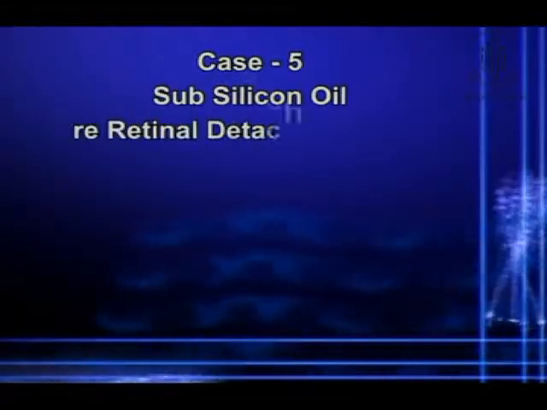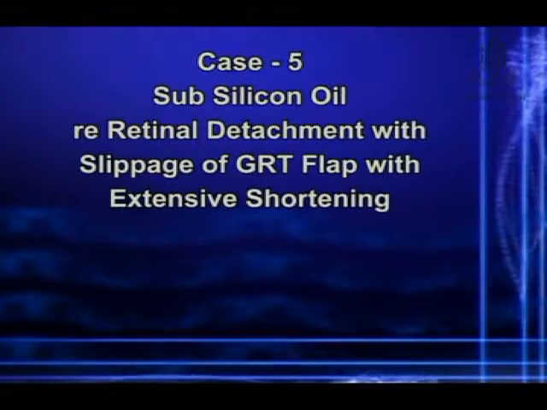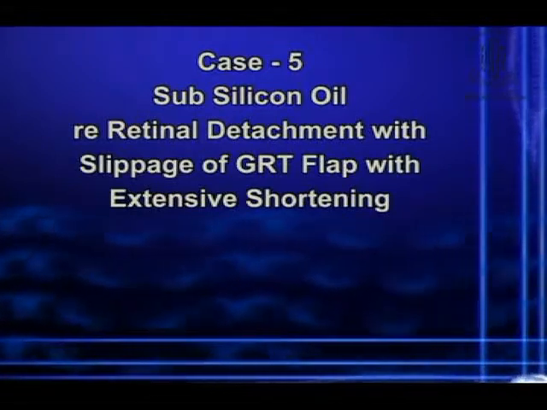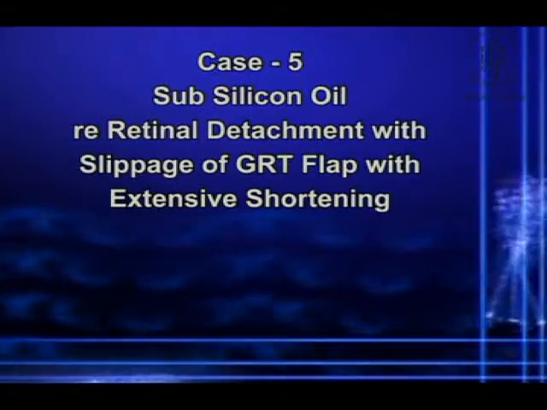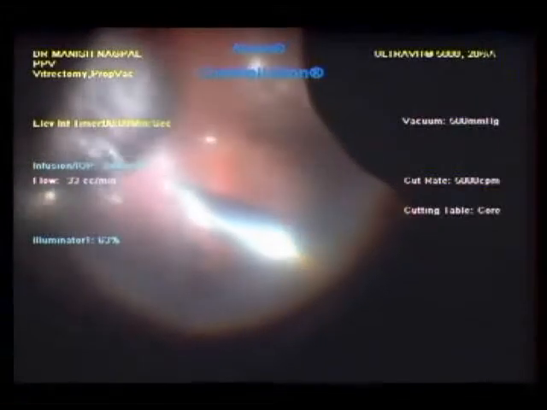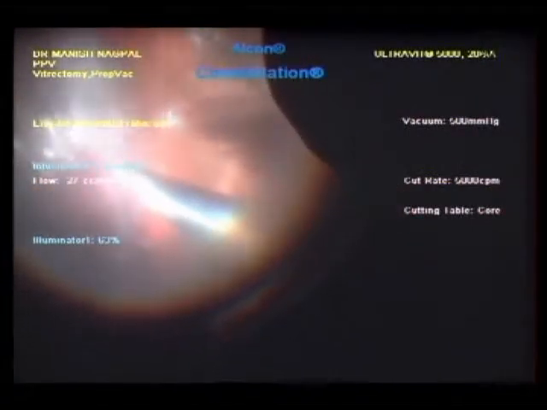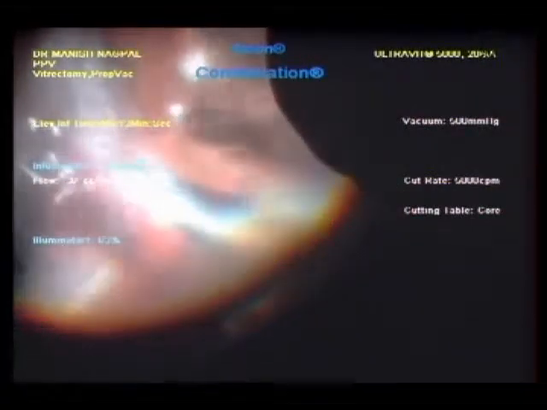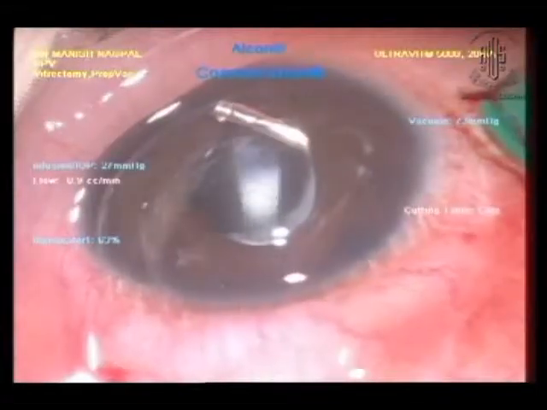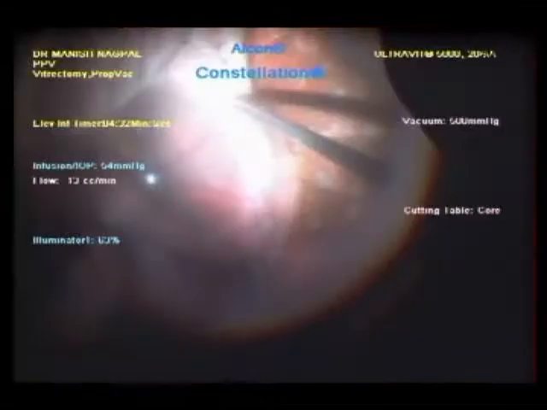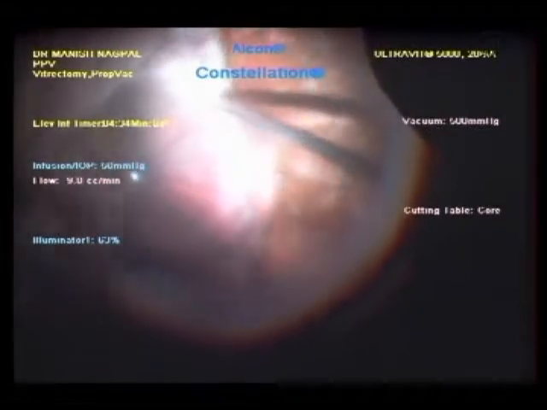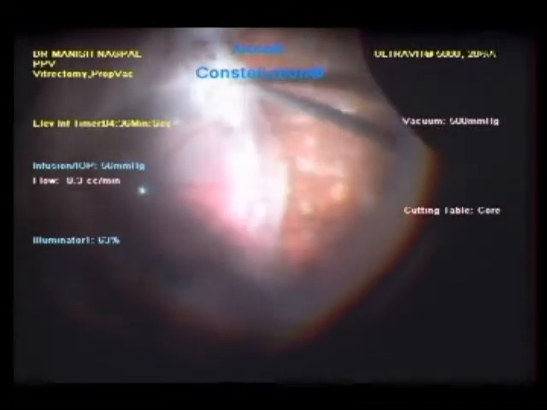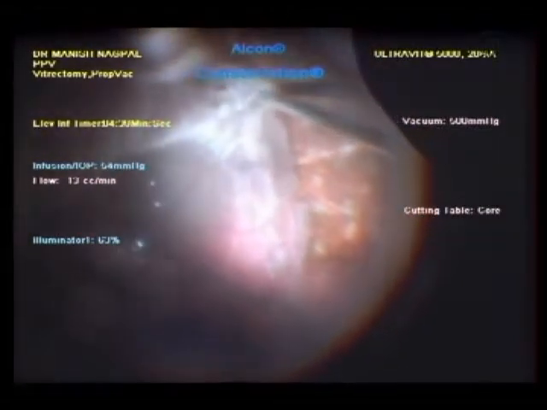Case 5 has subsilicone slippage of flap of a giant retinal tear with extensive shortening. Once again, the existing silicone oil is removed. After that, the contracted edges of the flap are teased and traction is released under PFCL.